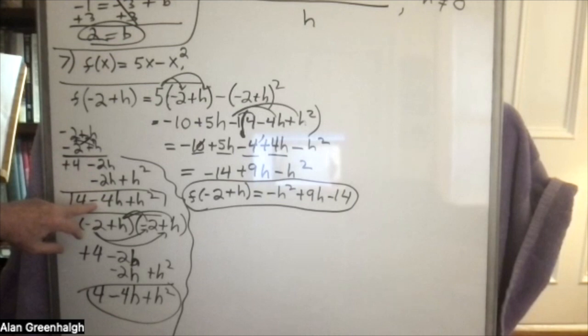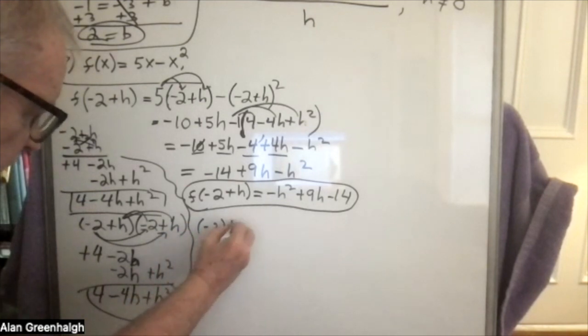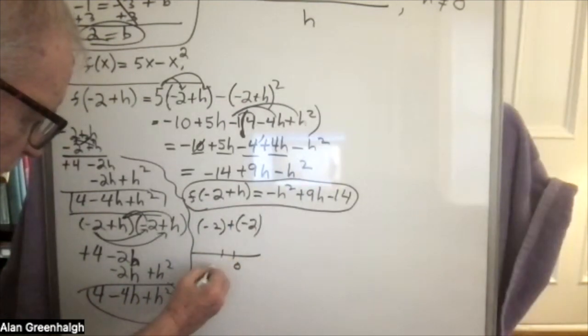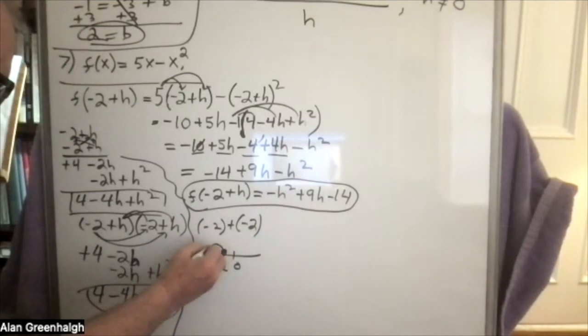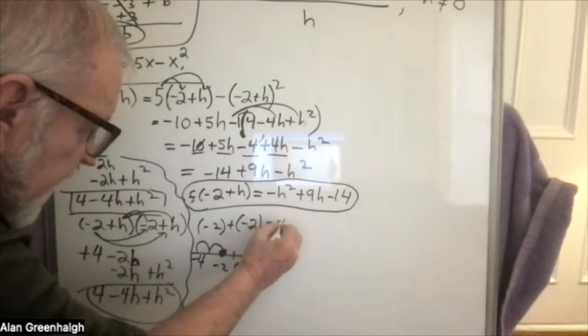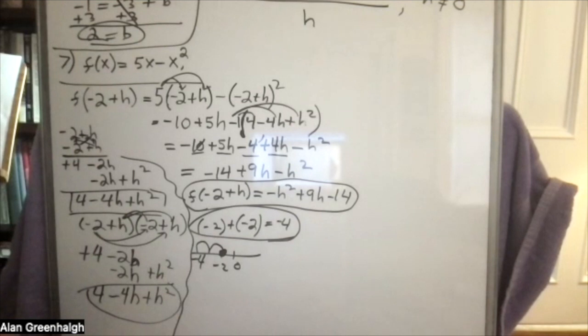If you're adding a -2 plus a -2, that means on the number line, you're starting at -2 and you're adding -2 more, that's -3, -4. This is equal to -4. Oh, I did -2 times -2, but still I wouldn't know where the other 4 came from. What do you mean?